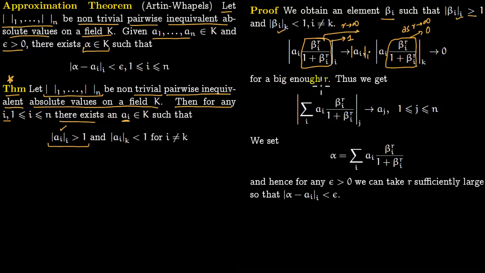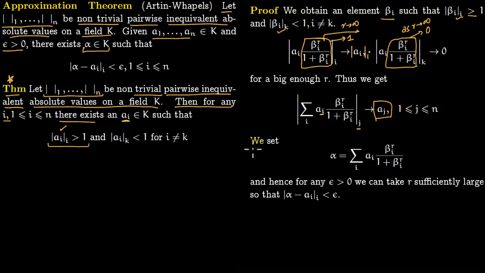So for a big enough r, we can make this as close to ai, and we can make this fraction as close to 0 as we wish. Therefore, if you take the sum like this and evaluate it at j, the only thing which will remain is when the index here matches j, and all other terms in the summation will go to 0. So this will go to aj, or the absolute value of this at j, where j lies between 1 and n.